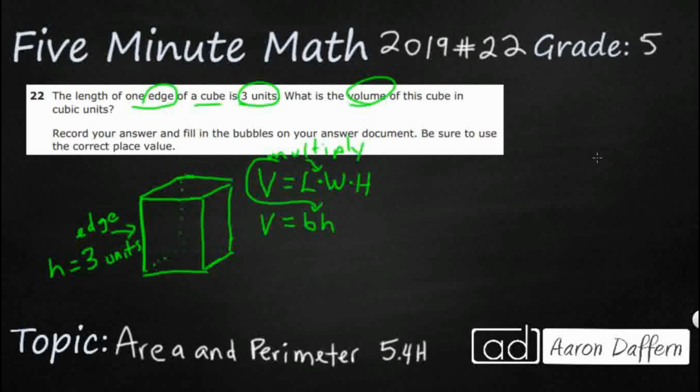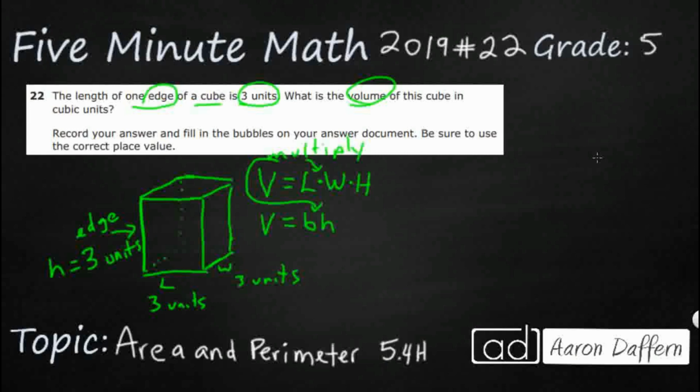Since it's a cube, every edge is the same length, so this length right here is going to be 3 units, and this width right here is going to be 3 units. So I can take these 3 numbers, 3 units for the height, 3 units for the length, 3 units for the width, and multiply those 3.